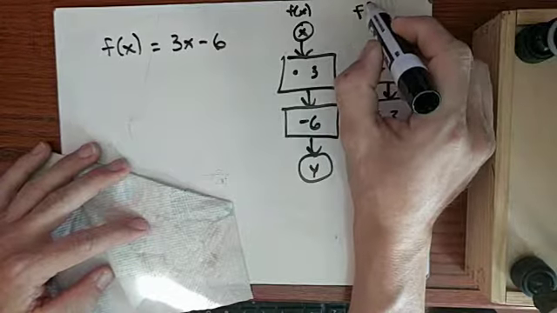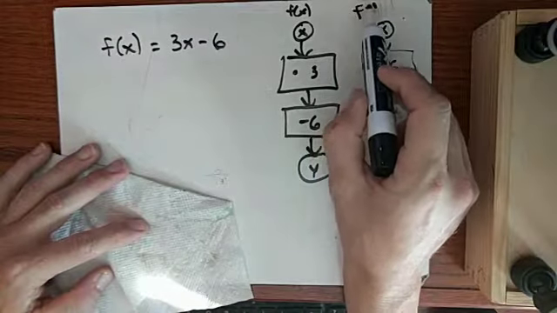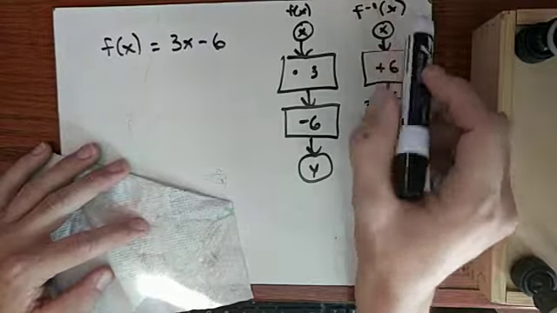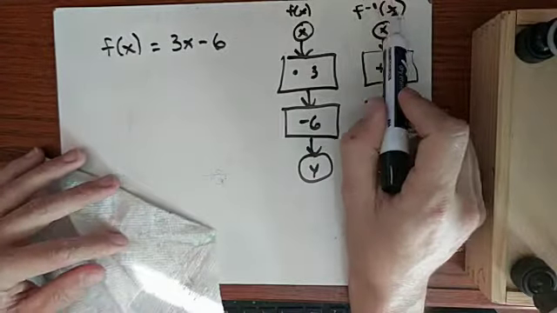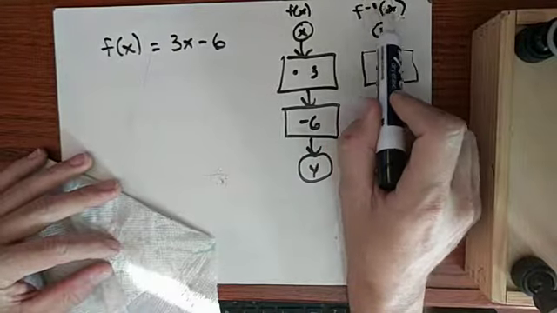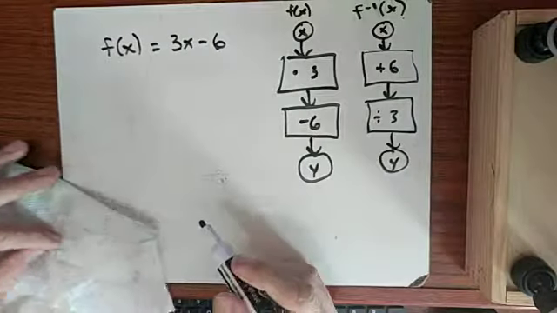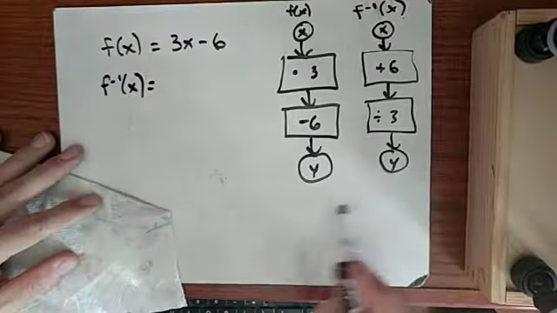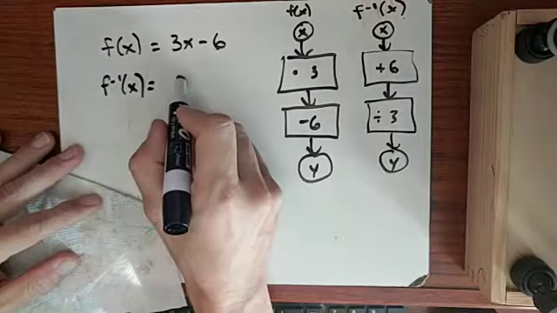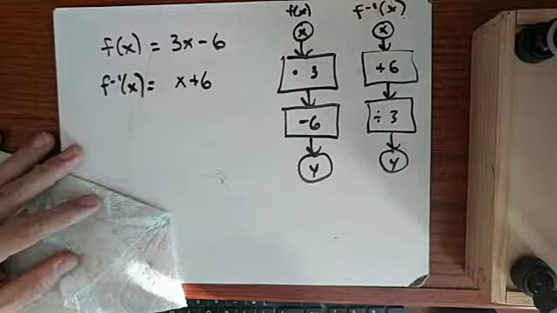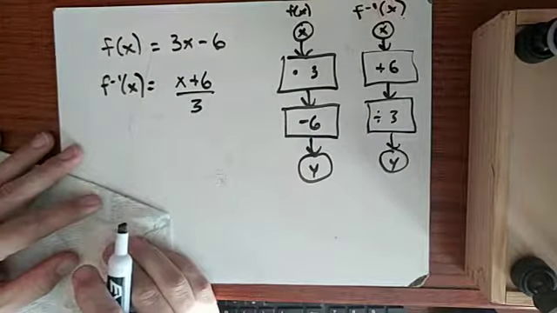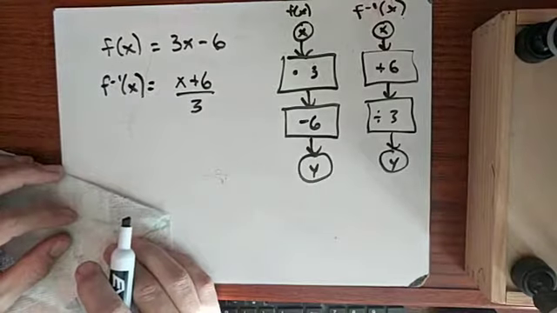And again, I'm needing to write bigger, but that's f raised to the -1 of x. This is the way it's written, but I'd never read it like that. That's read f inverse of x. Okay, so f inverse of x is, we start with x and we add 6, and then we take that entire quantity and divide it by 3. Okay, so those two things are called inverse functions.